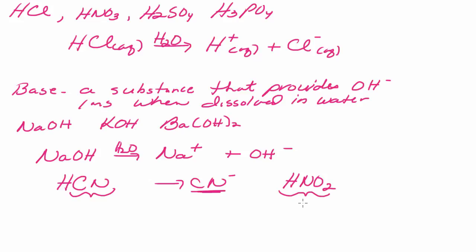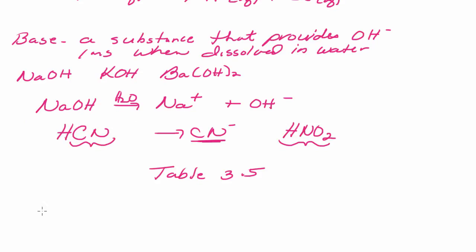Okay, so look at table 3.5 for the common acid and the anions that are derived from them. You'll notice that those anions are those polyatomic ions. The polyatomic ions can pick up a proton to become an acid. I want to show you the acetate ion. In your book, it's written like so.